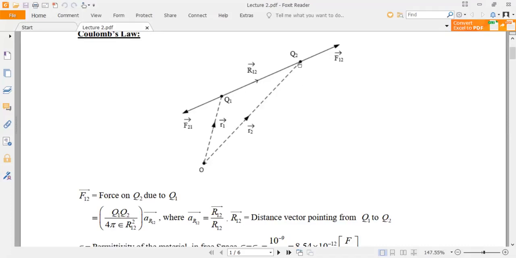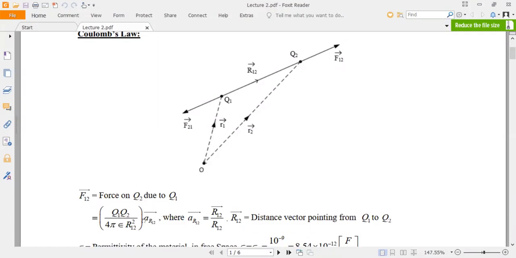According to Coulomb's law, which is an experimental law, F12 bar, the force on 2 due to 1, that is the force on the charge Q2 because of the presence of charge Q1, is given by Q1 Q2 over 4 pi epsilon R12 square times a, R12 bar.